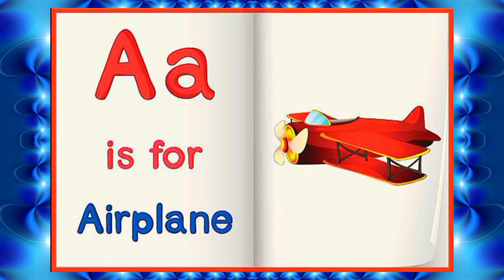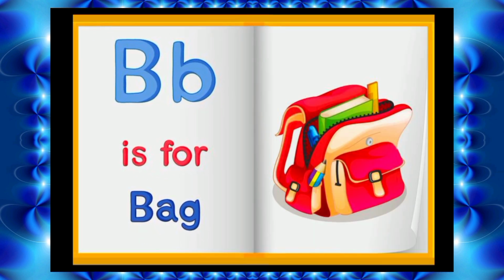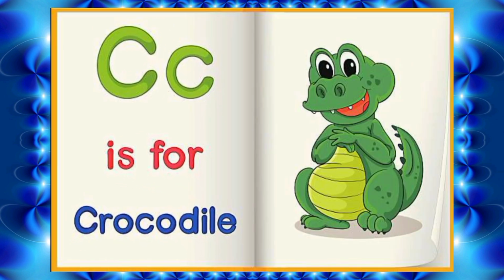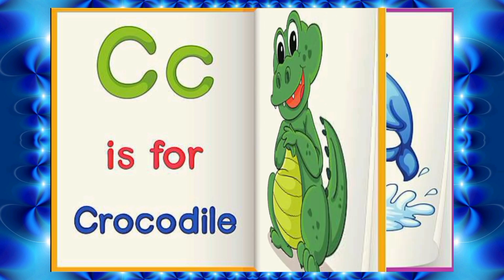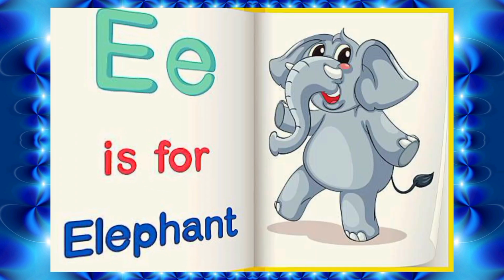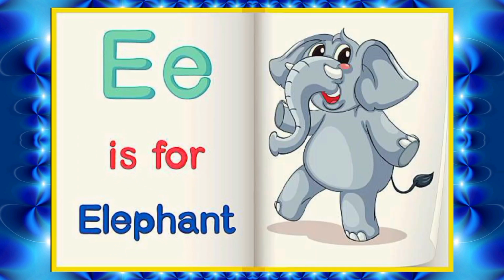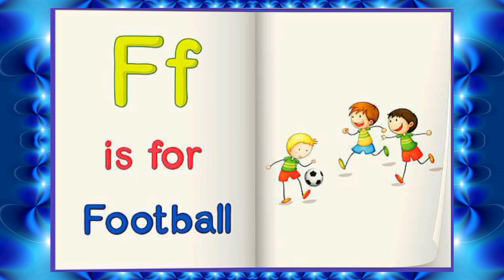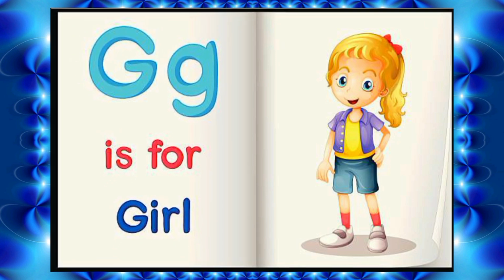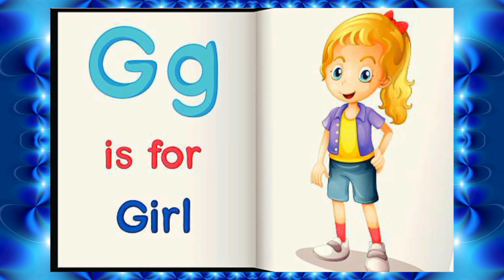A is for airplane. B is for bag. C is for crocodile. D is for dolphin. E is for elephant. F is for football. G is for girl.